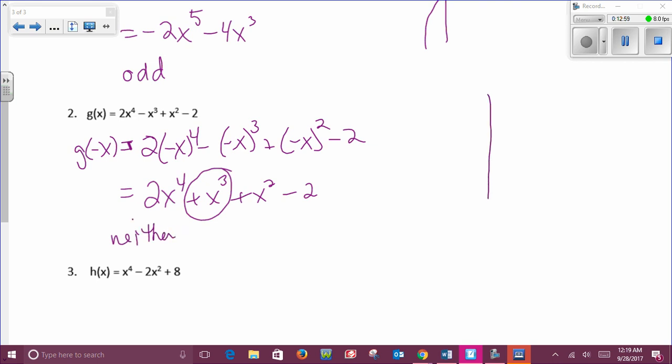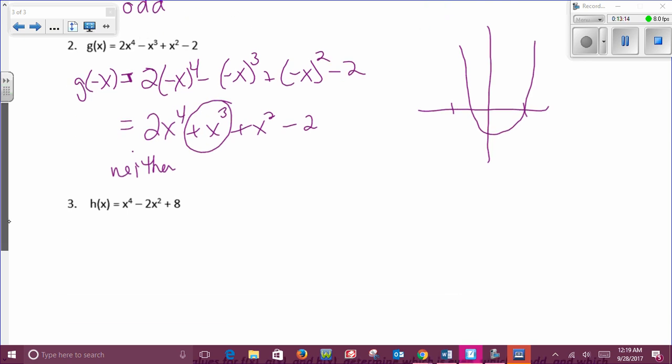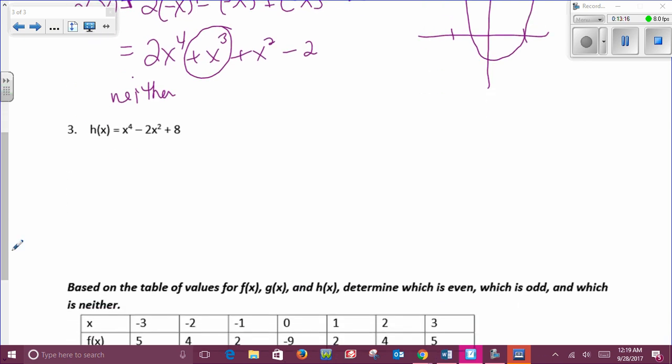And when I graphed that, it's a little bit harder to see on this one. But it kind of looks like this. So it's not symmetric about the y-axis, although it looks very close on the calculator. Last one here, h of negative x equals negative x to the fourth minus 2 times negative x squared plus 8.